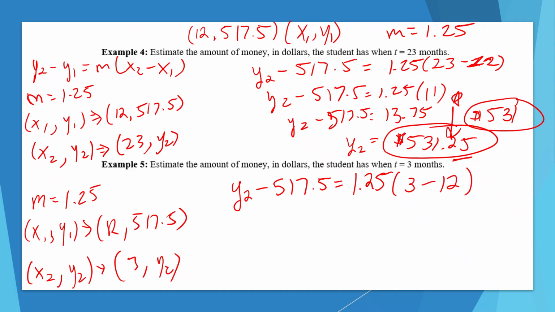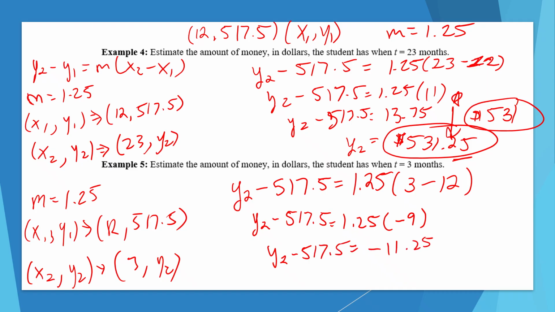And this is important because a lot of people want to instinctively put 12 minus 3. They always want to do bigger minus the smaller, but that may not always be the case. Once we get this, we get y2 minus 517.5 equals 1.25 times negative 9, then this should be negative 11.25.